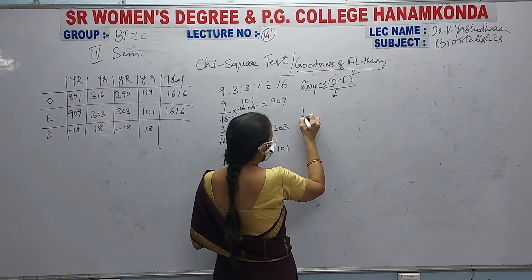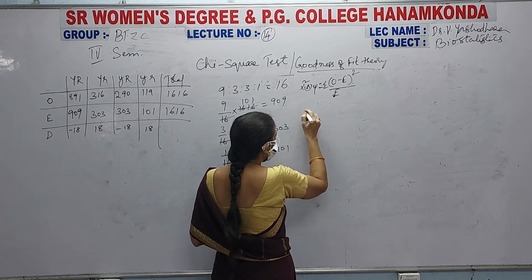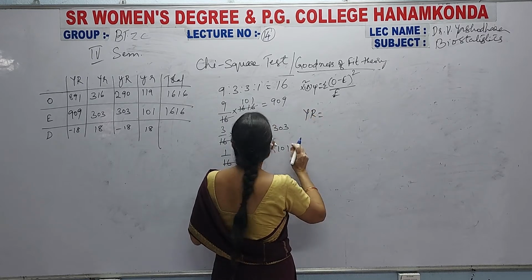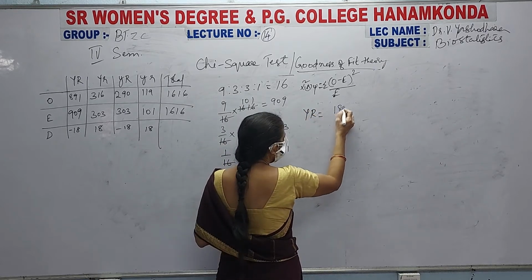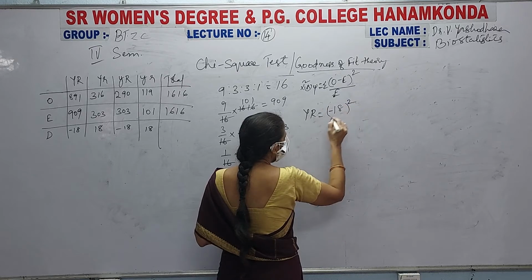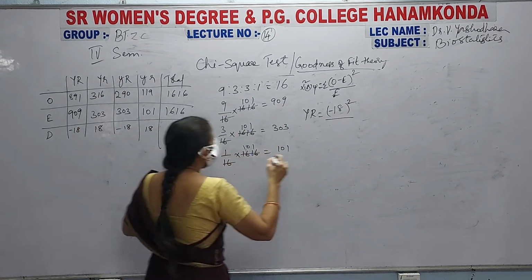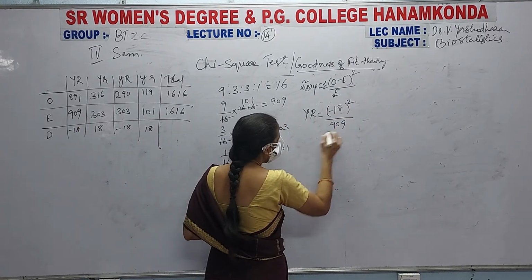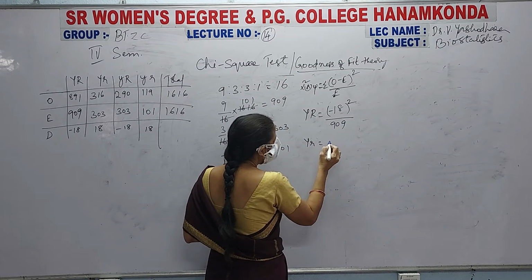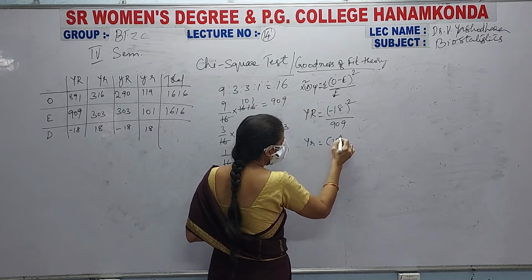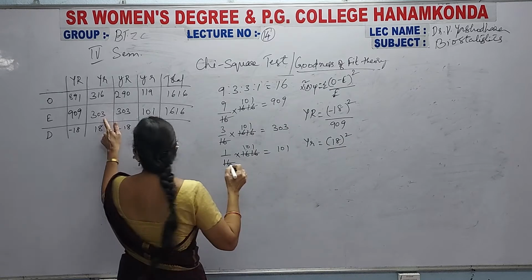Now see here, for yellow round it is observed minus expected, which is 18, whole square by expected 909. Capital Y small r is 18 whole square by 303.